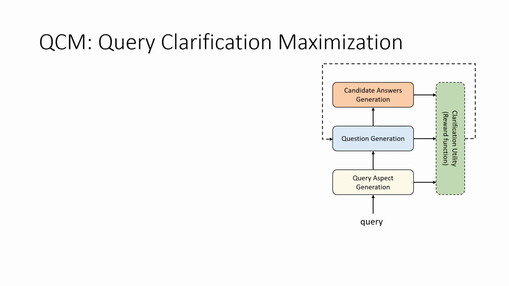Then we generate the question, and the architecture for the question generation model is the same as the one I presented earlier, similar to the sequence-to-sequence model. And then we generate some candidate answers, and at the end we estimate the clarification probability of this and use that value as a reward function.